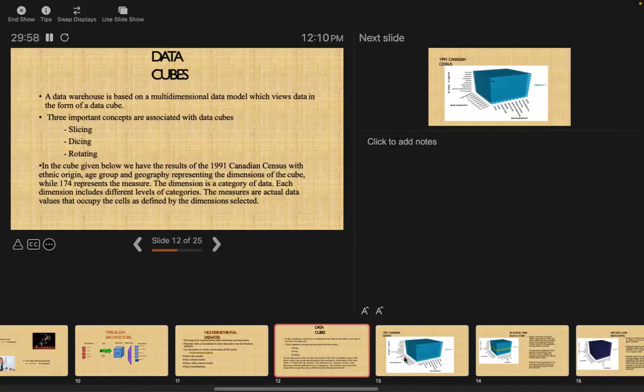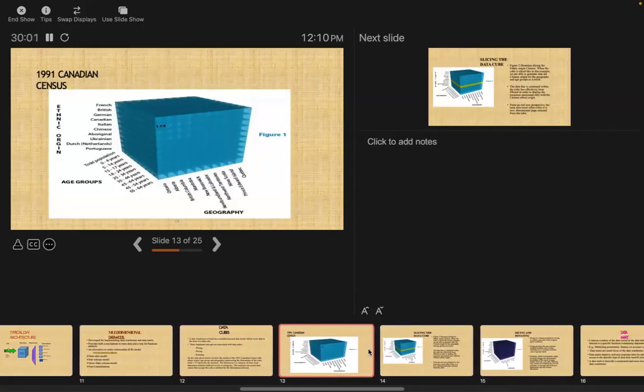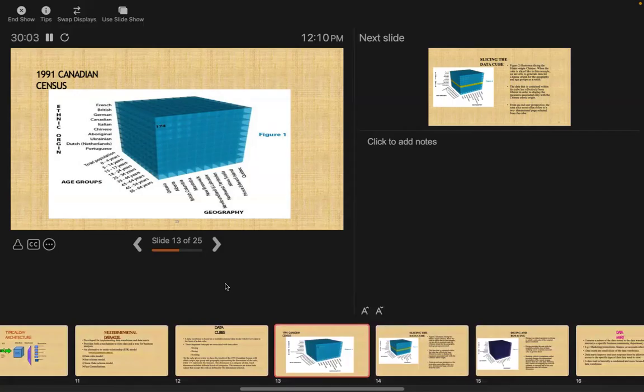Like in this example, you can see this is a cube. And here you can see geography, the age group information, and the other is ethnic origin. So we consider more than two attributes. Are you getting my point? So every cube has these three associated. In one cube, we find the geography, meaning which location.